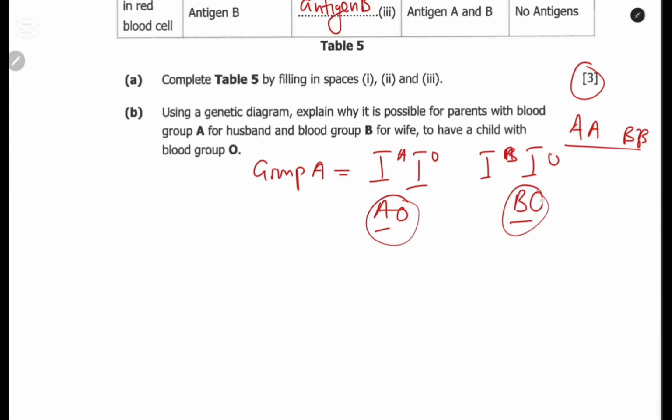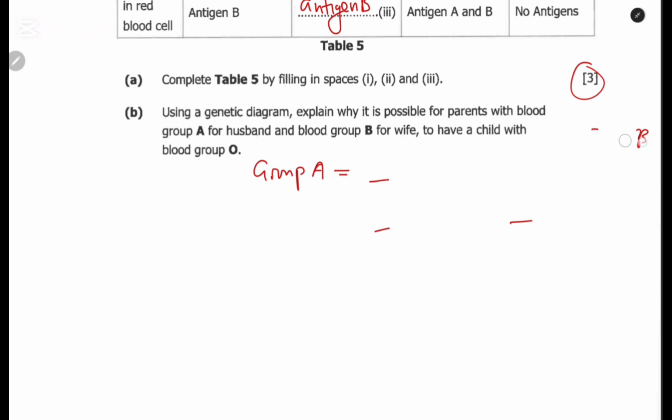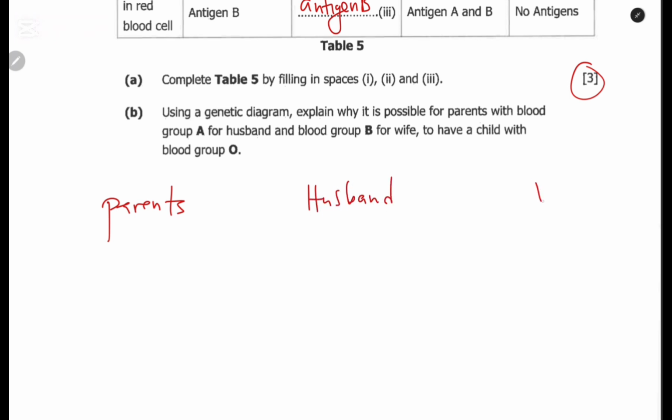Okay, so let us put up the genetic diagram. We are going to start with parents on top here. Then parents, we have husband, and on the other side we have wife. Then here let us put parental phenotype. The phenotype, we are just looking at the outward expression.